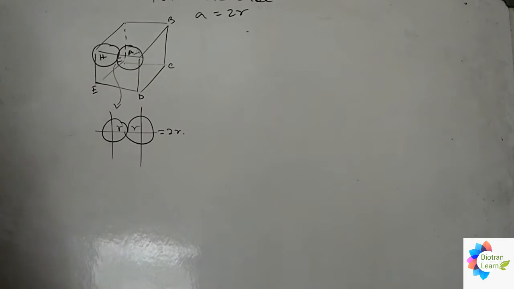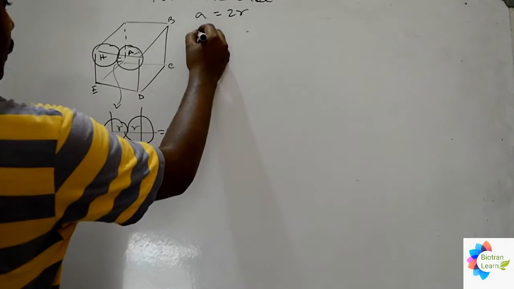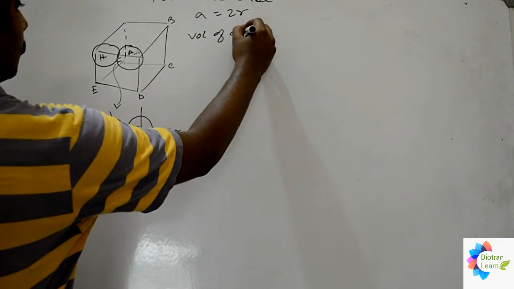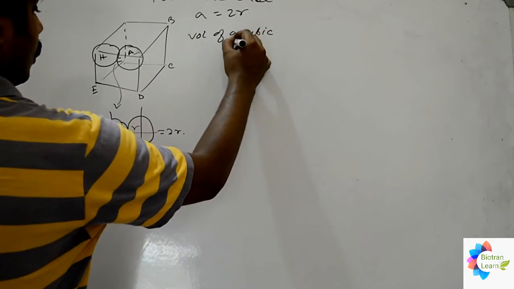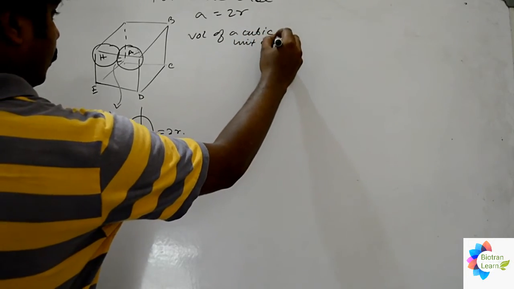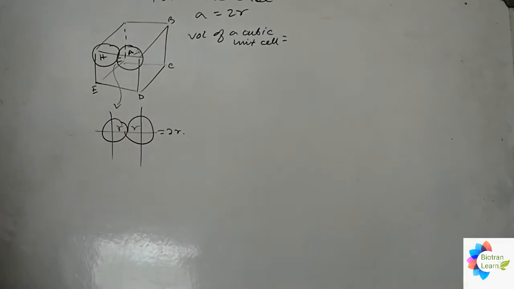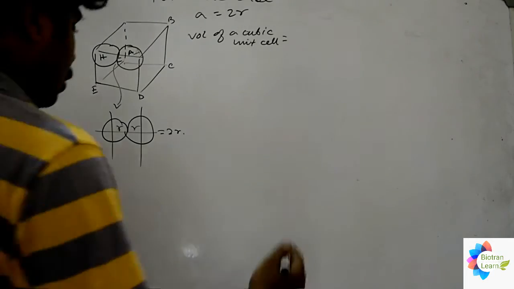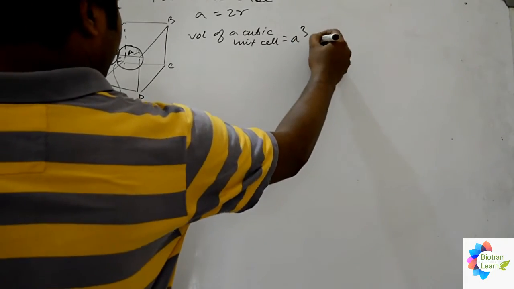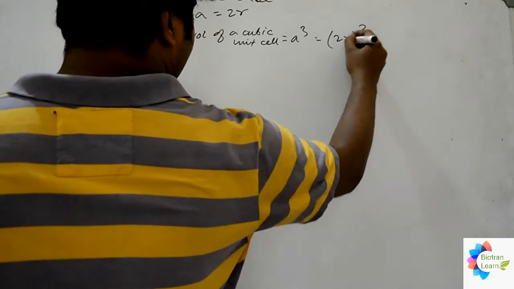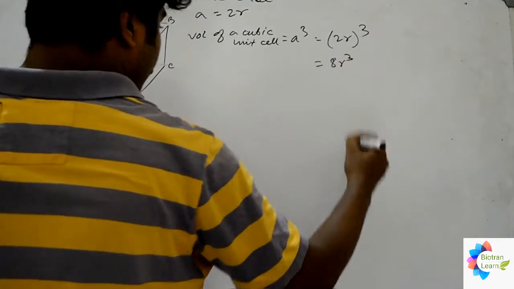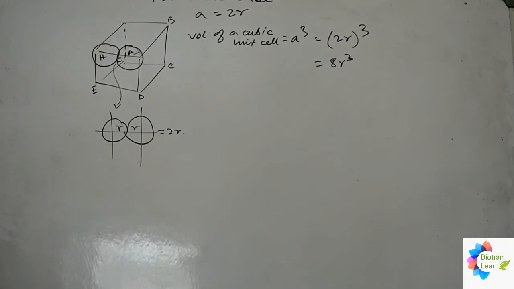And now the volume of a cubic unit cell will be equal to a cube, that is (2R) cube, hence that will be 8R cube, right?